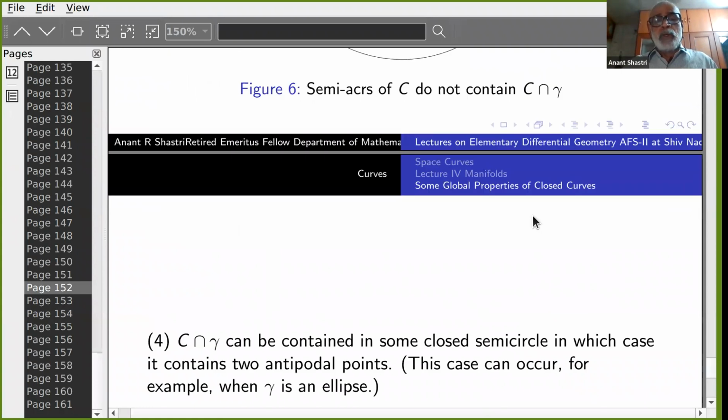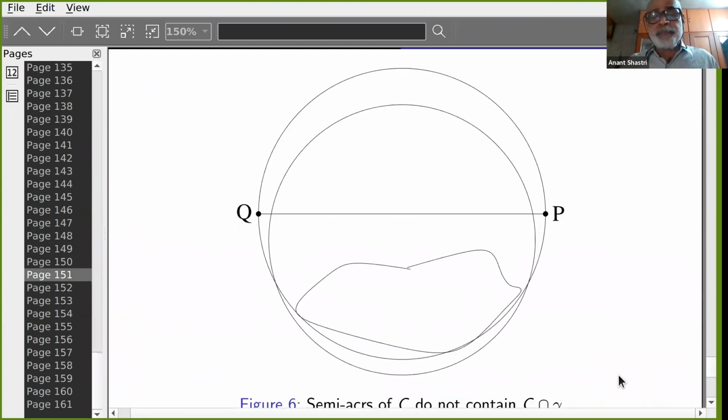So here is the picture wherein this entire curve gamma was inside this semicircle P to Q intersection, gamma intersection. All these points were only on this part of the circle.